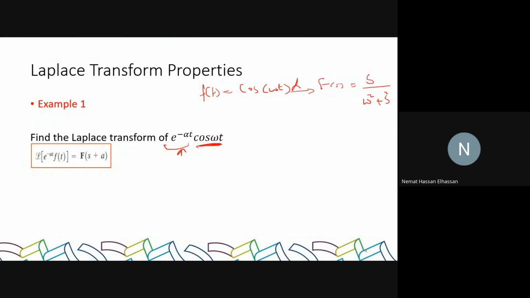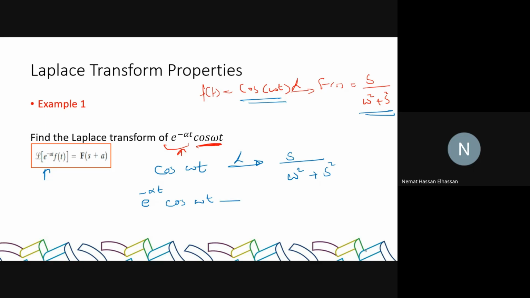So if this is your f(t) and F(s) there, this is f(t), this is F(s). This is the pair, right? So cosine ωt has the Laplace transform of s over ω squared plus s squared. This is from the table. Up to this point, are you clear? Then, what would be the Laplace of e^(αt) cosine ωt, which is basically an exponential multiplied by my function?